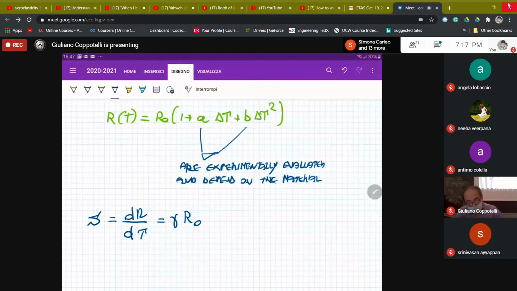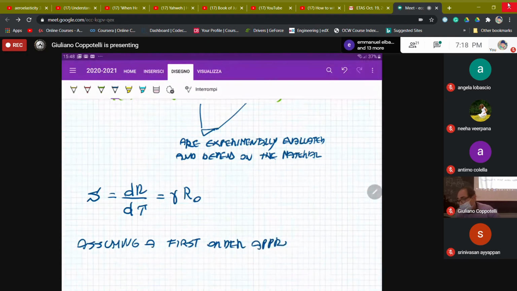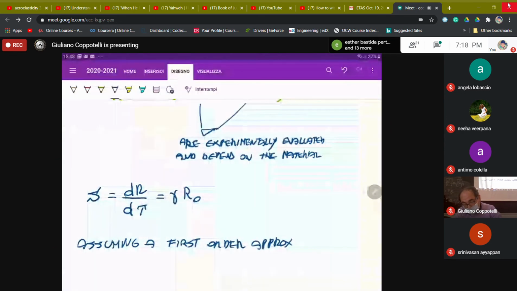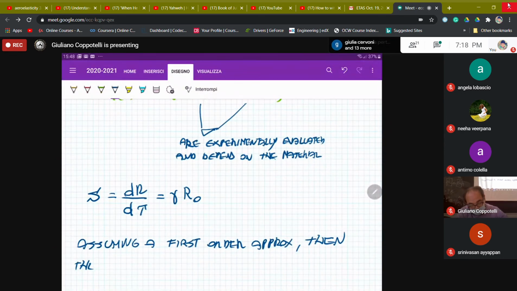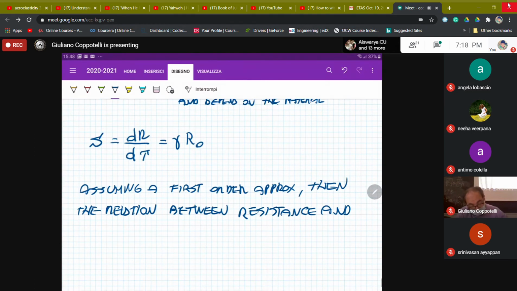Okay, so assuming a first order approximation, then the relation between the resistance and temperature is linear.